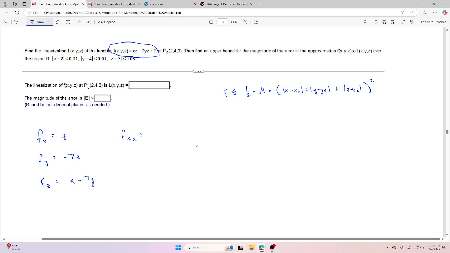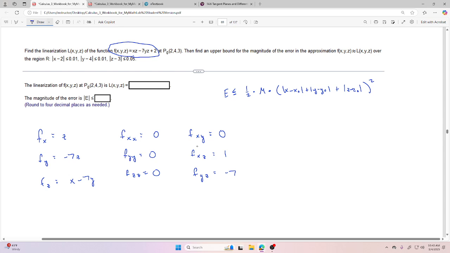But let's just make sure. So this is a 0. This is a 0. And this is a 0. So let's try some alternatives. Let's do x, y. So this in terms of y, 0. Let's do x in terms of z, 1. Let's do y in terms of z.